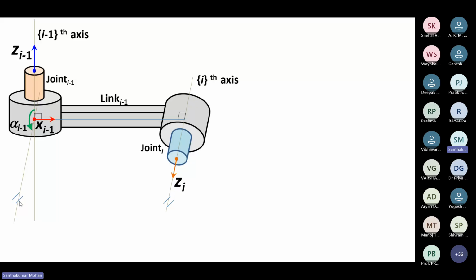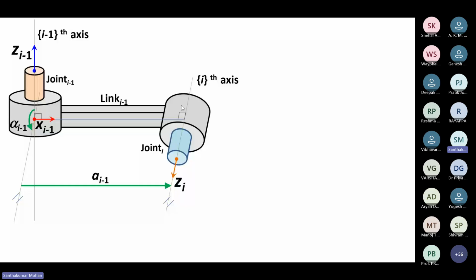After that, you can see that this axis and this axis are a distance apart along the x-axis. This is nothing but the physical length of this link. That's why it's called link length, right? So alpha i-1 is the angle between zi-1 and zi about xi-1, whereas the distance travelled along xi-1 is the link length.